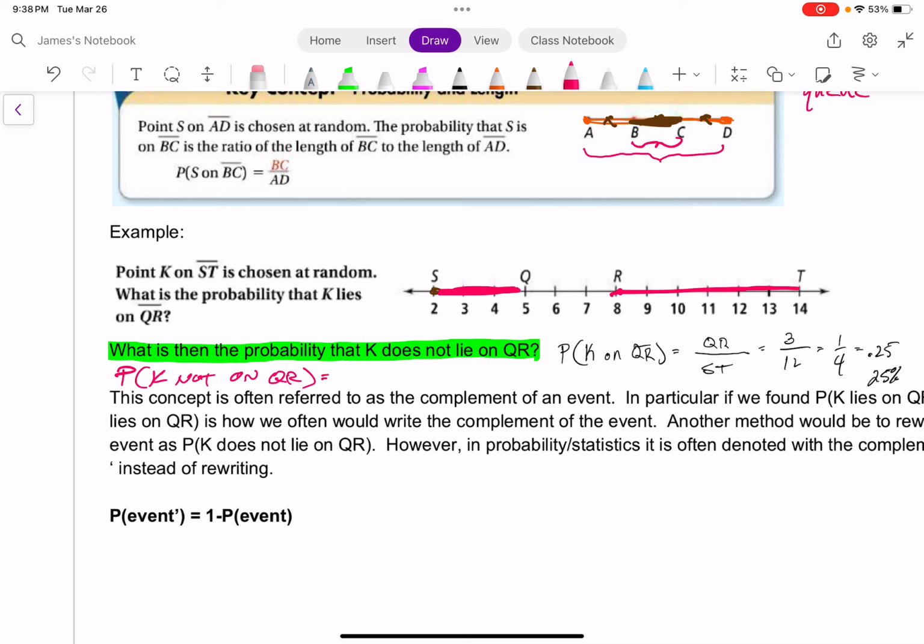You can write it this way: probability K, we use that squiggly tilde for not, and then on QR. The favorable outcomes would be either there, a distance of 3, or here, a distance of 6. So it could happen in either of those places, so that's 9 out of 12 total. Divided, that gives me 3/4, which is 0.75 or 75%.